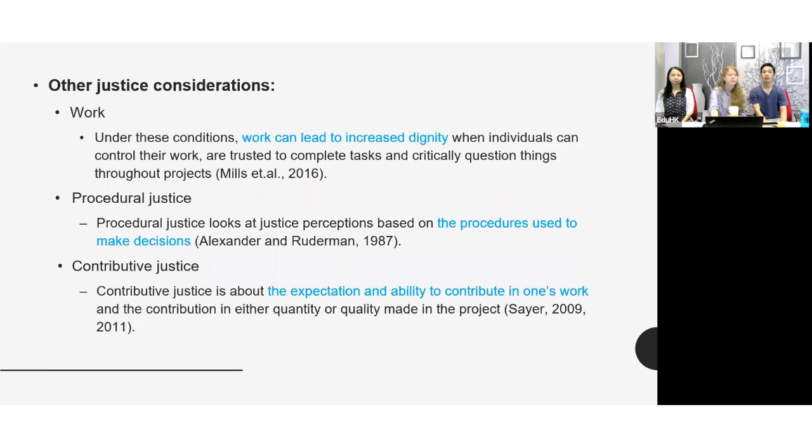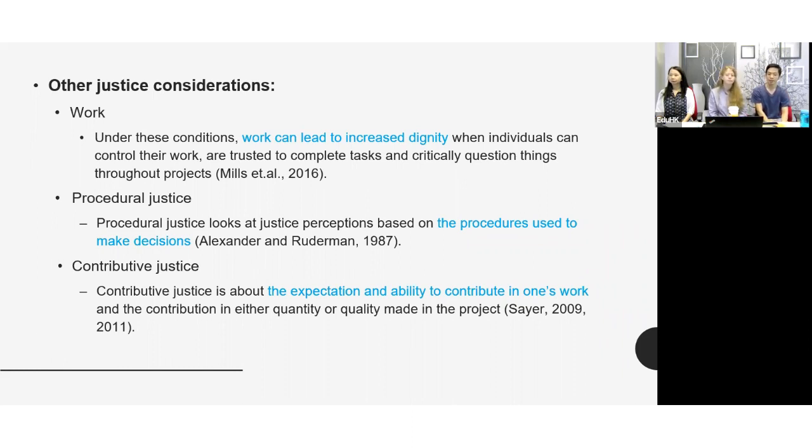So next, other than Fraser's framework, other justice considerations are for work. According to Mills, under these conditions, work can lead to increased dignity when individuals can control their work, are trusted to complete tasks, and critically question things throughout projects. Second is procedural justice.